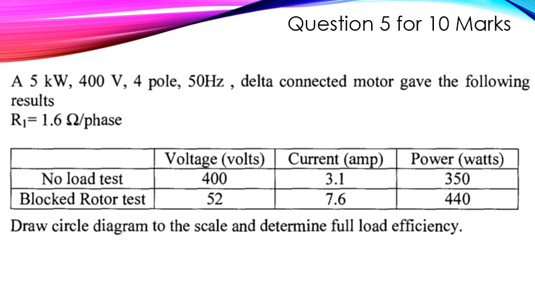The data by no load test is voltage 400 volts, current 3.1 and power is 350 watts. The data by blocked rotor test is voltage 52 volts, current 7.6 ampere and power 440 watts. What we have to do here is draw a circle diagram to scale and determine the full load efficiency.